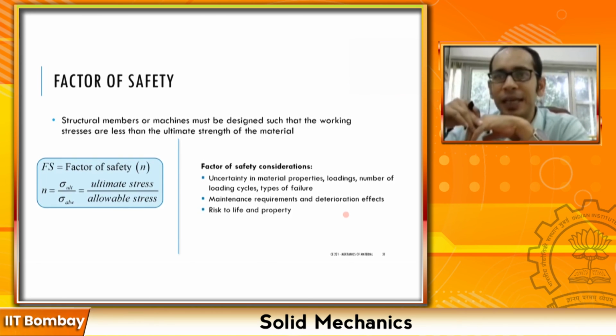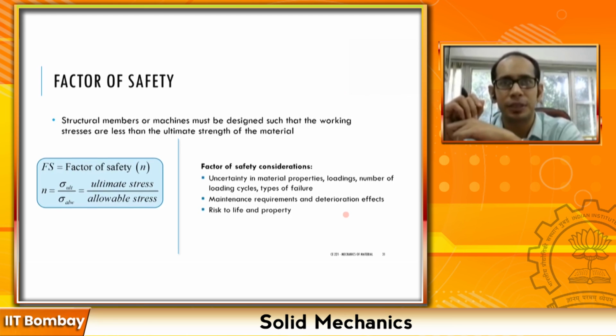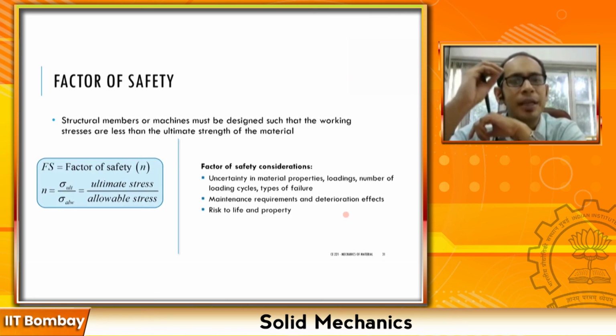Factor of safety is essentially, for example, if you're building a structure, you will ask the person who is building it to keep the stresses below a particular level. So you give him a value of the allowable stress. Now this allowable stress may be several times lesser than the ultimate stress that element can bear, right?